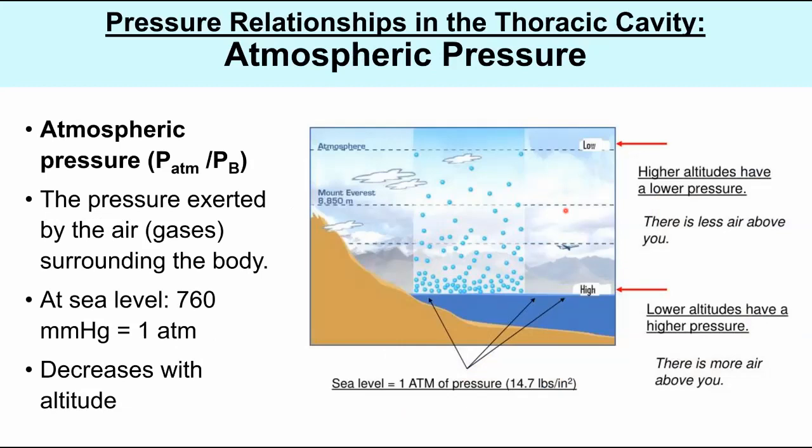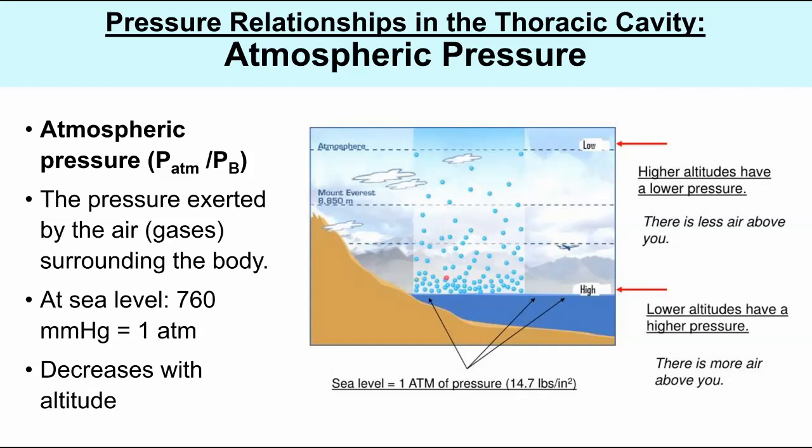If I were a person standing down here at sea level, I have all of this air above me, and the weight of all of that air is pushing down on the top of my body. At sea level, we say that atmospheric pressure, or the weight of the air particles pushing down on us, is about 760 millimeters of mercury.